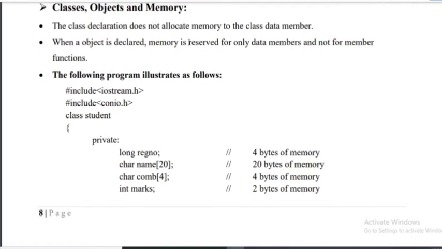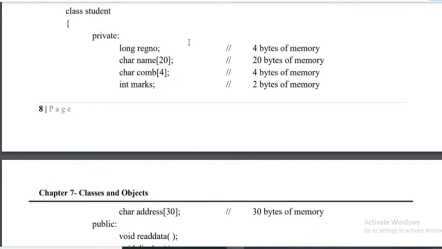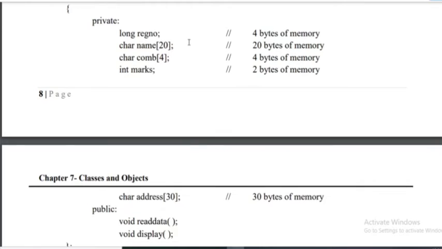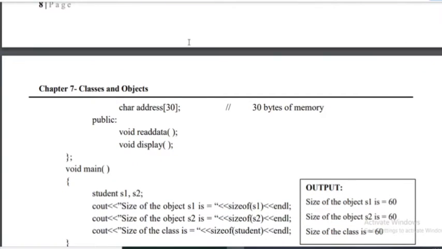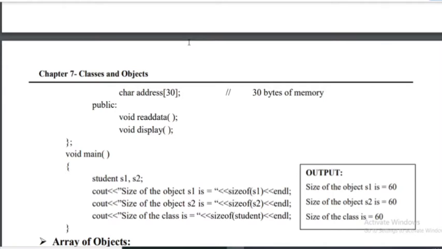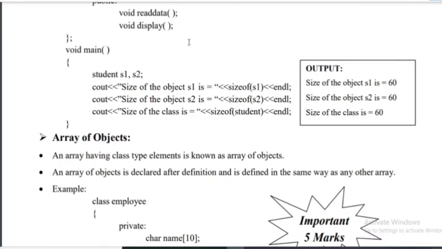When an object is created, memory is reserved only for data members and not for the member functions. When I declare a class, it includes data members and member functions, but only when I create an object of that class is memory space allocated for the data members, not for the member functions.